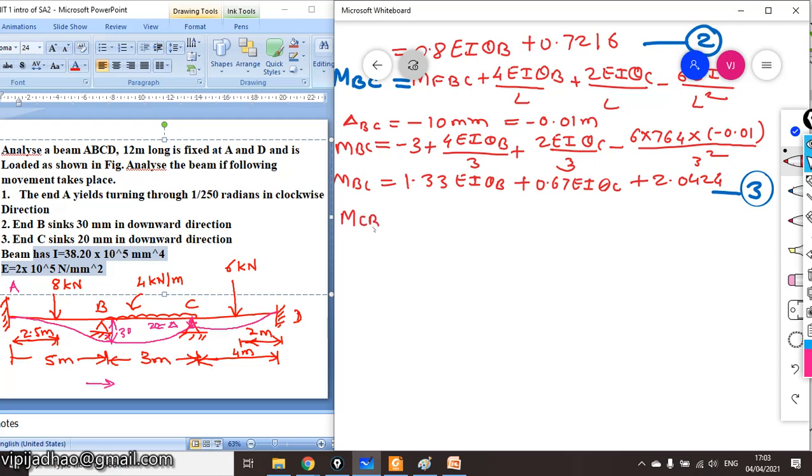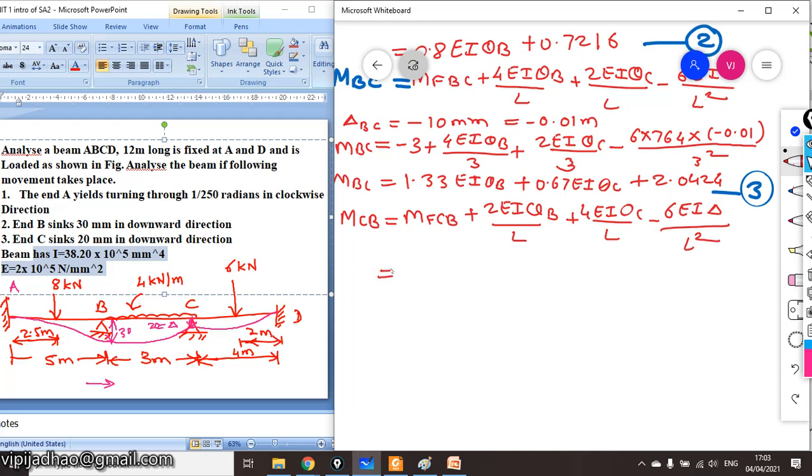So MCB will be equal to MFCB plus twice EI theta B divided by L plus 4EI theta C divided by L minus 6EI delta upon L square.